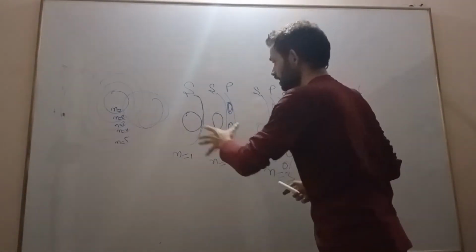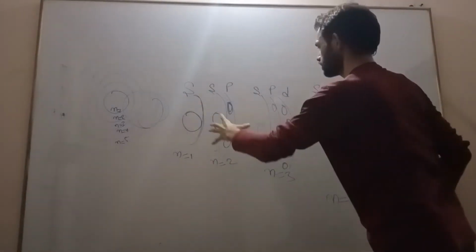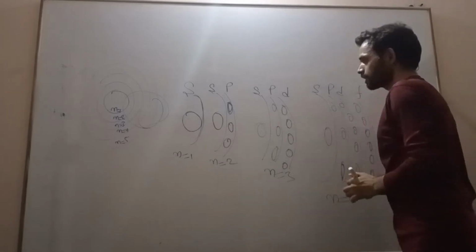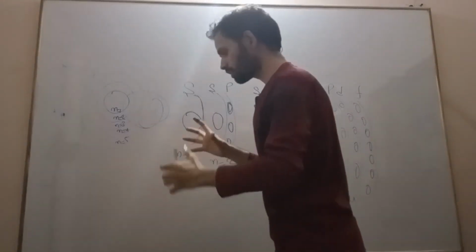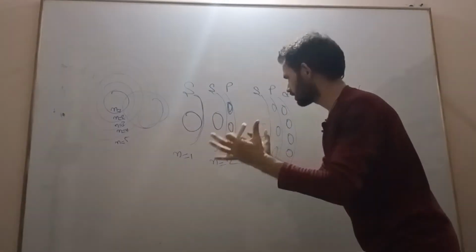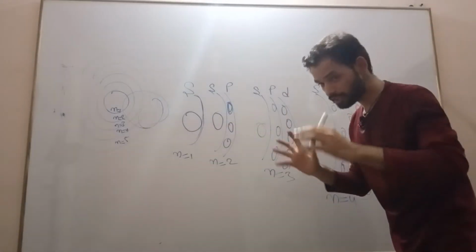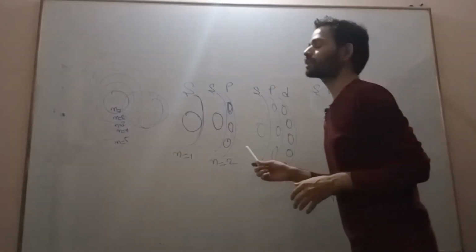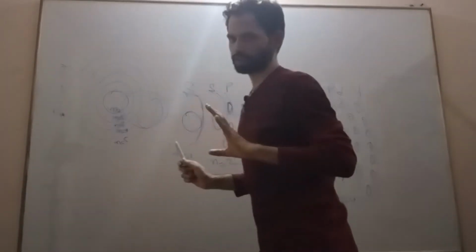Now these are the orbitals, and we will see inside the orbital. We zoom in on this orbital. Is there anything? Yes, there is a quantum state, or energy state.